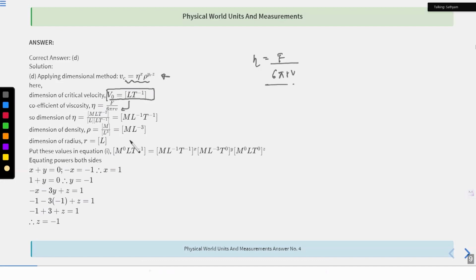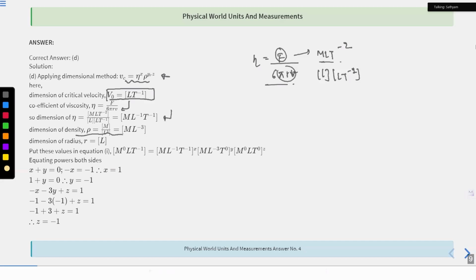You have to replace it over here. The dimensional formula of F is MLT^-2. Then pi r v: r is length, that is L, and v is LT^-1. So this is viscosity.